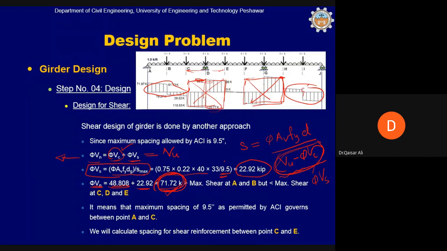It is 120.77 kip here, 120.77 kip. So in the C to E location and from F to H location, we need closer spacing than 9.5 inch, and everywhere else we can provide 9.5 inch. So we will pick up just one value, which is 120.77 kip, and we will design for this, and provide that spacing from C to E and from F to H, and for the rest we will provide 9.5 inch.